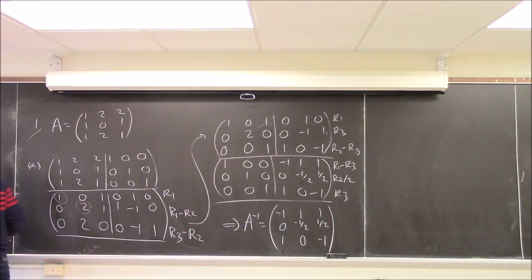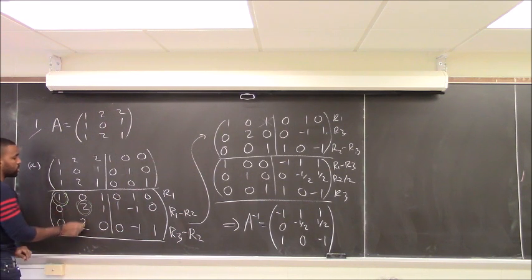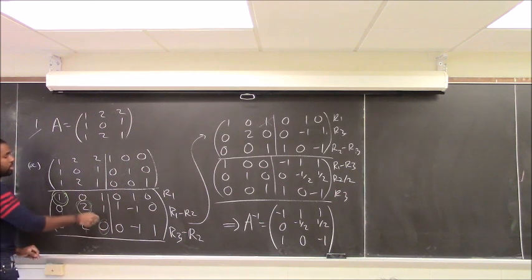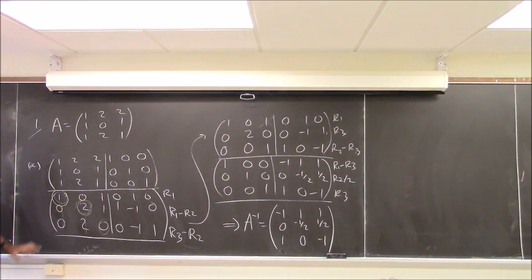Like I said, you want to make the game focused on the pivots. You're worried about getting this one first, 0s below. Then you get this one first, 0s below. Then that one. Then you start working on 0s above. Every now and then I might see an opportunity to get a 0 above without much work. I do that. So I swap these two because I know it'll give me a 0 here where eventually I'll need it.